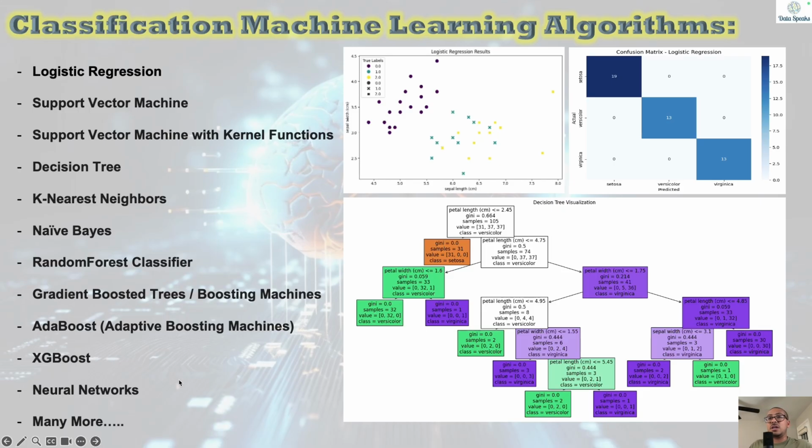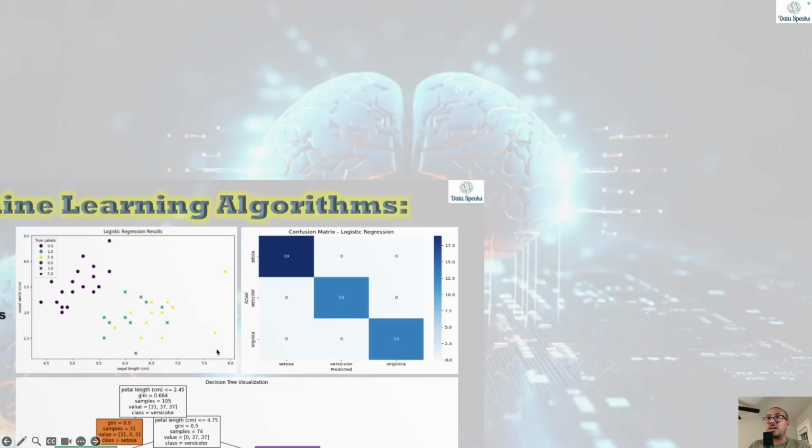There are many other types of classification algorithms as well, and in our YouTube channel we have included so many examples, so many case studies on each individual machine learning classification and regression algorithm. Please do not forget to check out those, they are really helpful.